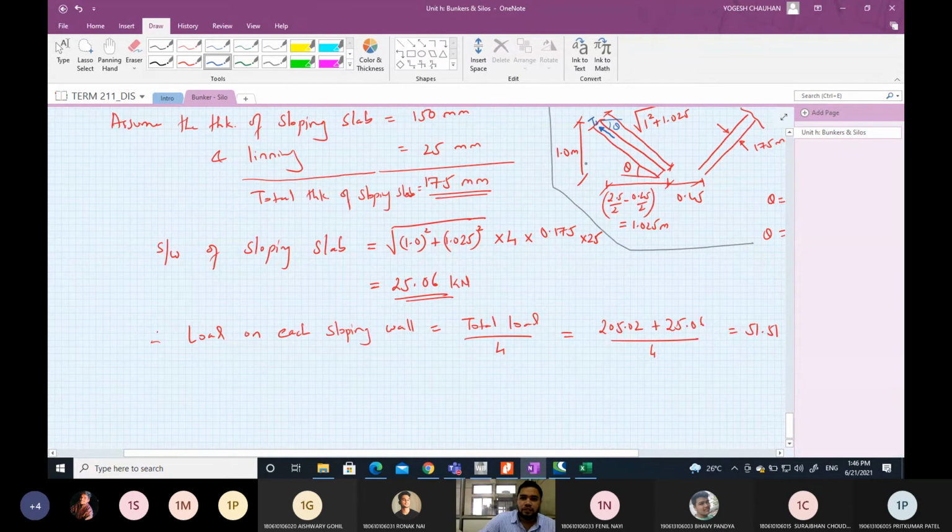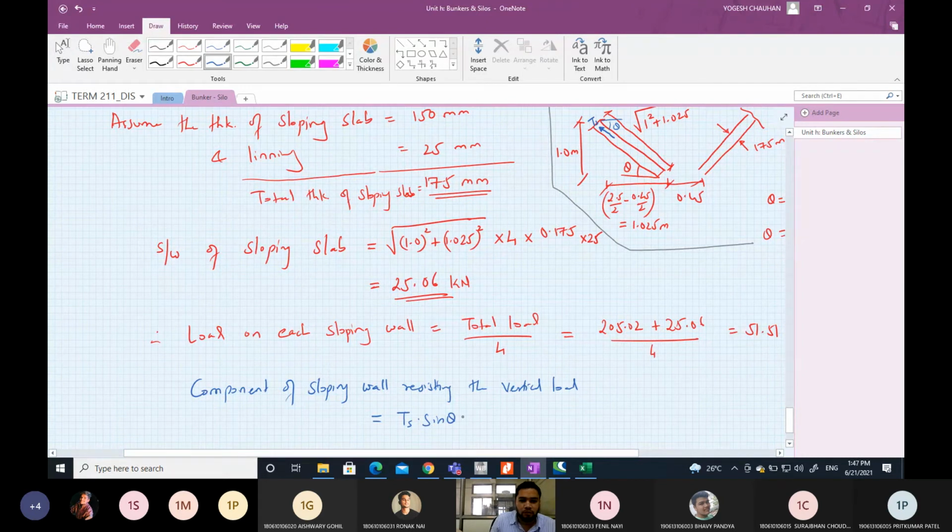So Ts sin theta, the component of the sloping wall resisting the vertical load, will be equal to the tensile force into sin theta.